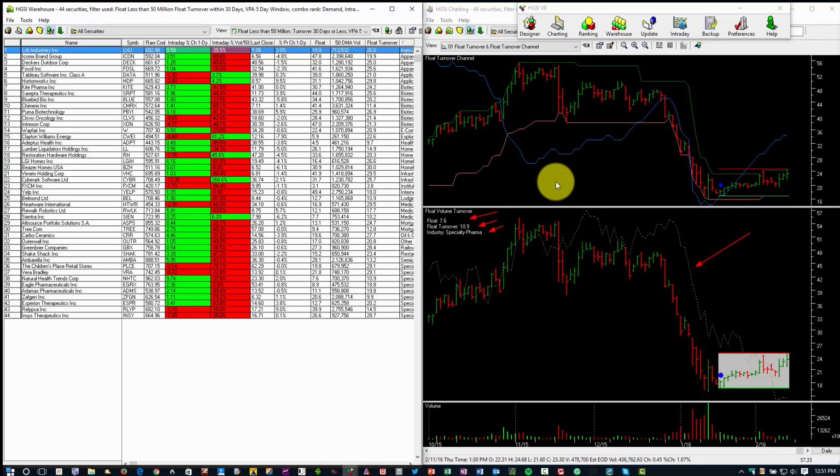This is on the black version of the chart and the white version. I did not put this information on the VPA version of the chart because it would have been too cluttered. Notice that I changed the name to float volume turnover. I also want to point out that these numbers here match the numbers in the warehouse.